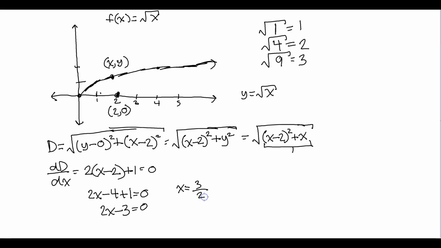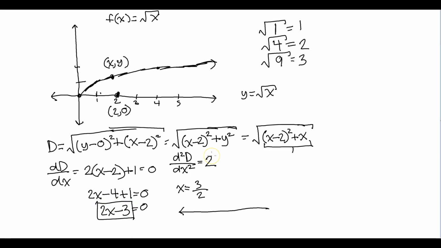And let's verify this, okay? Since the derivative is a linear expression, it's going to be really easy to find the second derivative. So you have d squared d over dx squared, okay? So that's the derivative of 2x minus 3, so this will just be 2, right? The derivative of this is our first derivative.